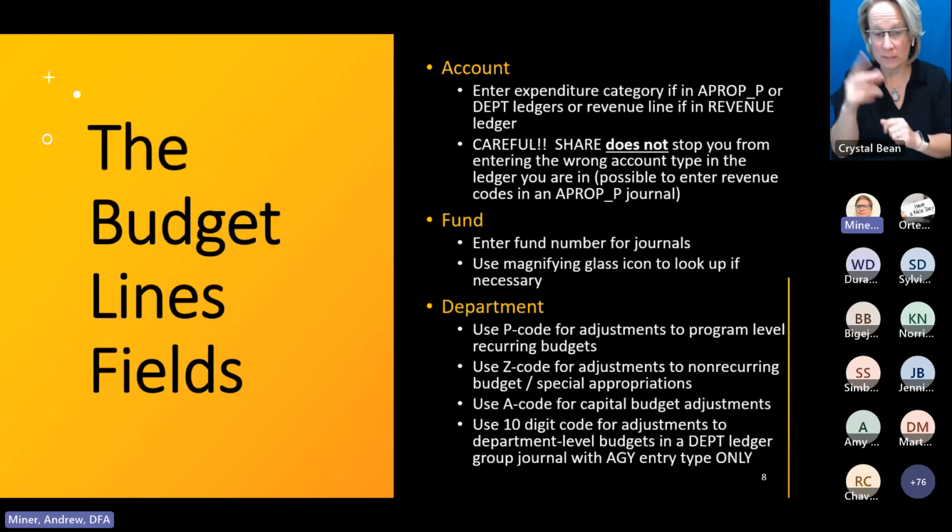If you're doing something on the capital side, then you use an A code. And then again, the last thing you might use is your 10-digit code like 4010000, etc. Those are for adjustments to department level budgets in a department ledger group. So again, that's for AGY entry type, right? Those things that you can do yourself.